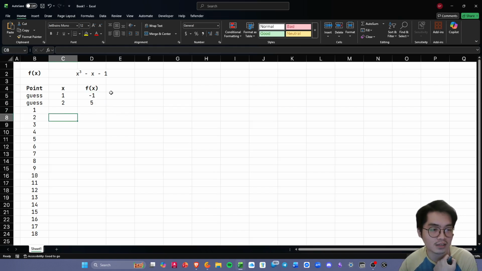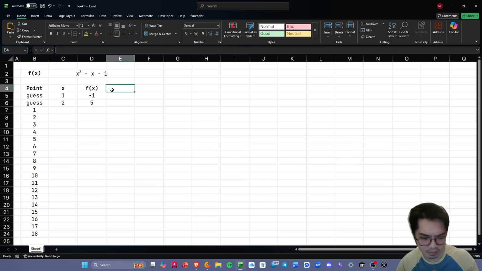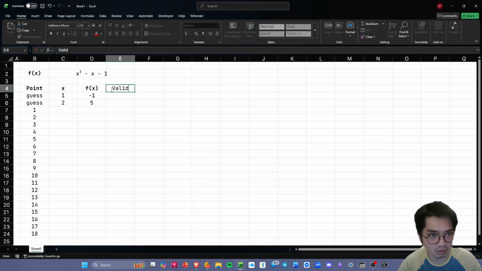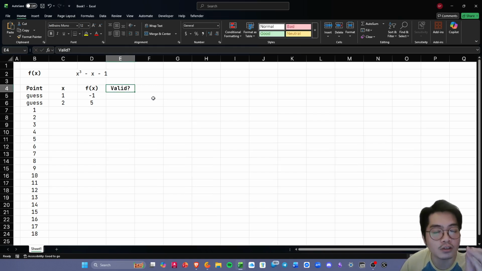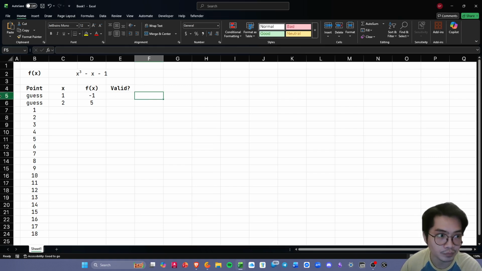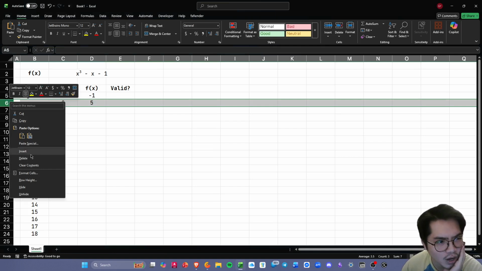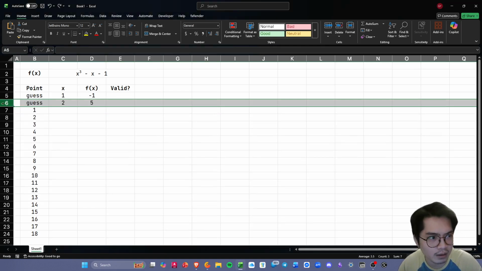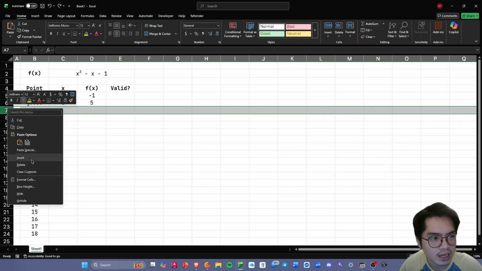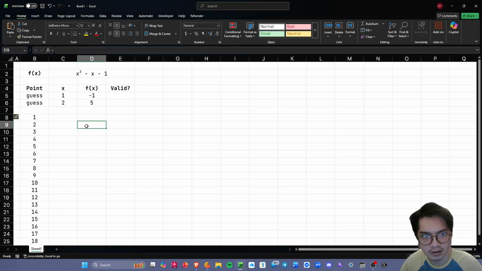Those are our 2 guesses, which means if you guys want to have some validation here, that's completely fine. Valid? How will we know that this is valid? This is going to be valid if one of them is positive and the other is negative. How are we going to do something like that? Well, we don't want anything that is both positive or both negative.